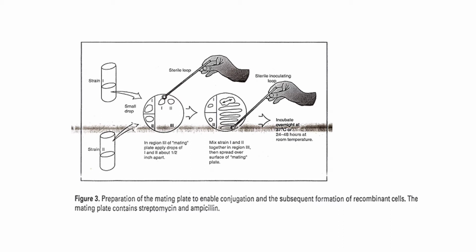A separate loop is then used to place a drop of strain 2 onto region 2 and then onto region 3 about 1 centimeter away from the drop of strain 1. The loop is then used to mix strains 1 and 2 in region 3 and spread the mixed cells over the surface of the plate.